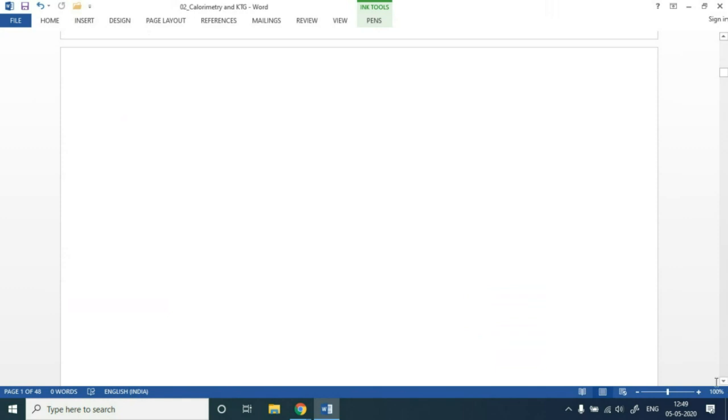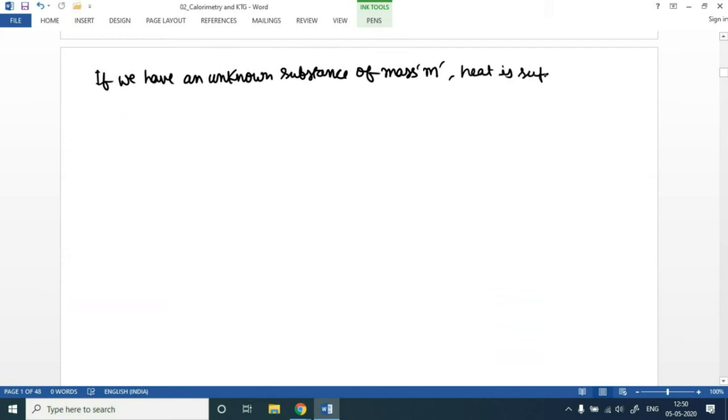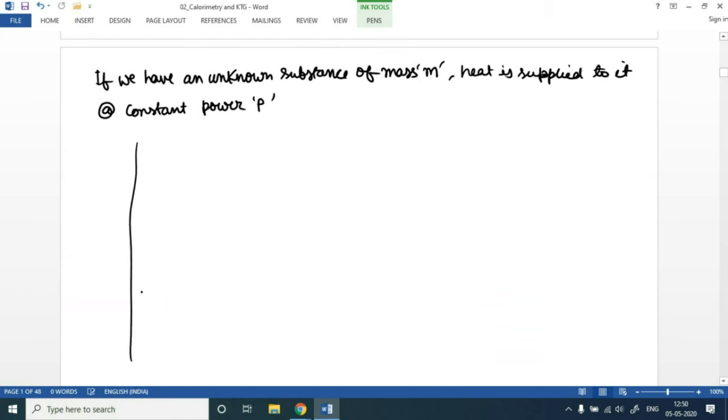Let me tell you. So see, if we have an unknown substance of mass m, and let's say heat is supplied to it at a constant rate, or constant power, you can say power P, and somehow we have a graph available for temperature change and phase change.